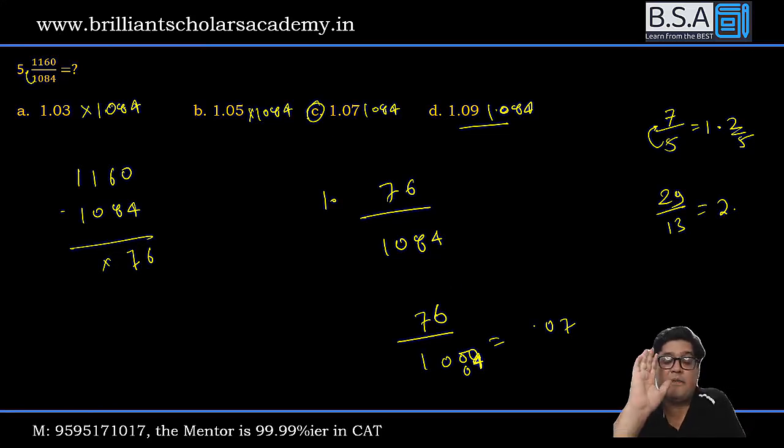I'm taking a risk here. I don't have a calculator. There is no negative marking. Let us say it is the CET exam. I'm taking a risk here. The answer is C. Confirm, think over this. 76 upon 1084 is 0.07. Use the calculator to confirm if you have to, or you can cross multiply and get the answer.